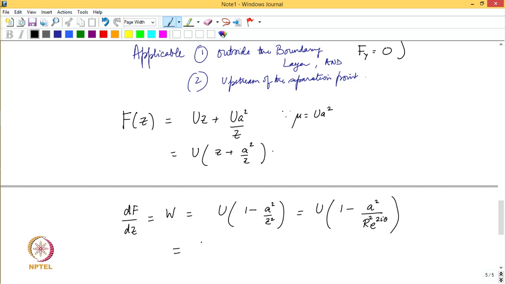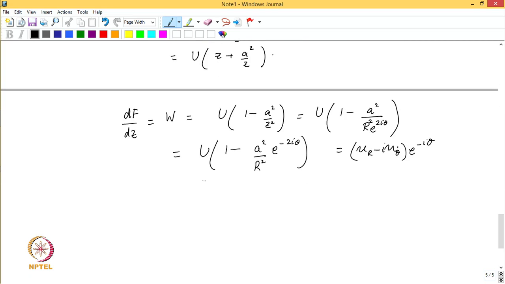So, we can write this as U times 1 minus a square by r square e to the power minus 2 i theta, and because I want to compare this with, remember, u_r minus i u_theta times e to the power minus i theta, I could use this and write it as U e to the power minus i theta times e to the power i theta minus a square by r square e to the power minus i theta, which is basically pulling e to the power minus i theta out.